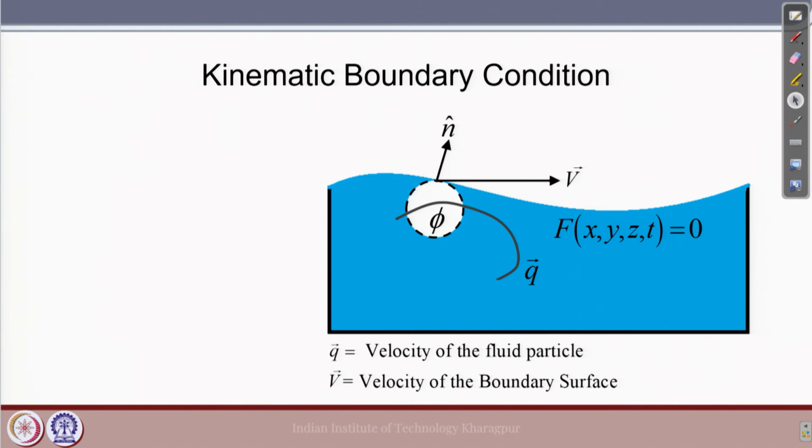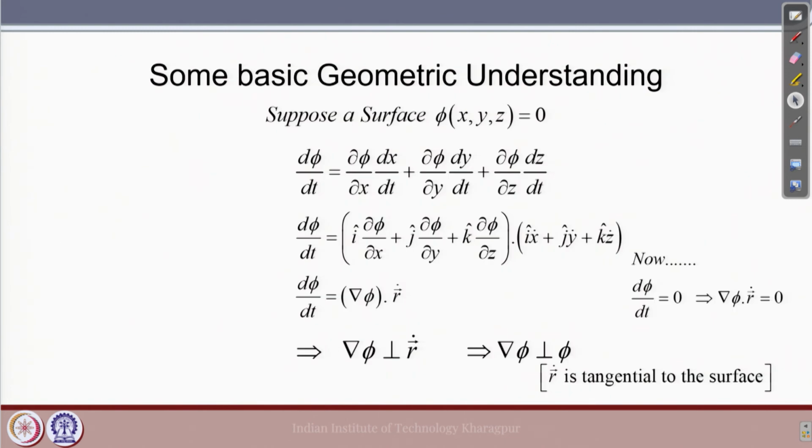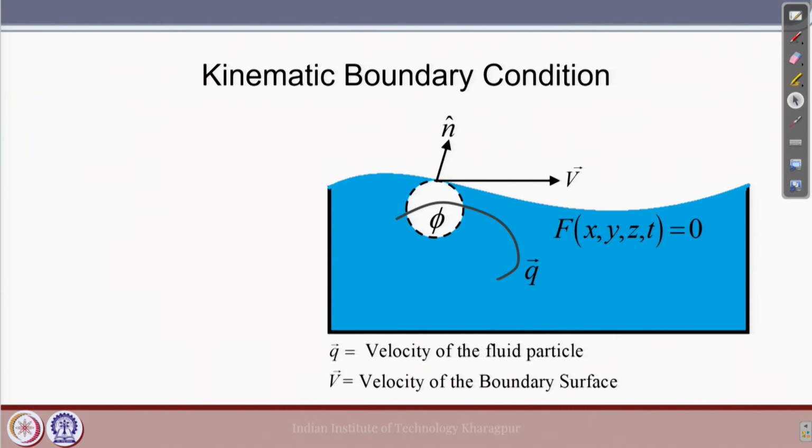Now, here f(x, y, z, t) is basically similar to my phi(x, y, z) equal to 0. So, instead of phi I am writing f(x, y, z, t) equal to 0. Now, this is basically the surface, whose equation is f(x, y, z, t).